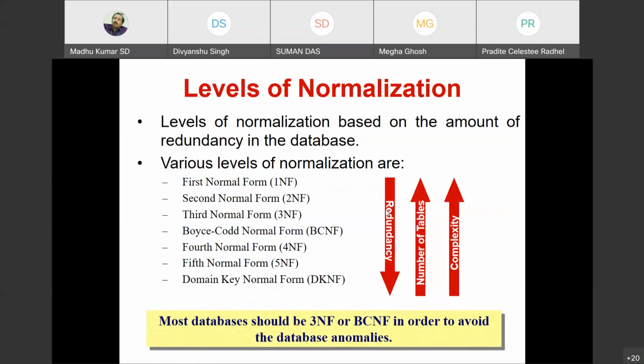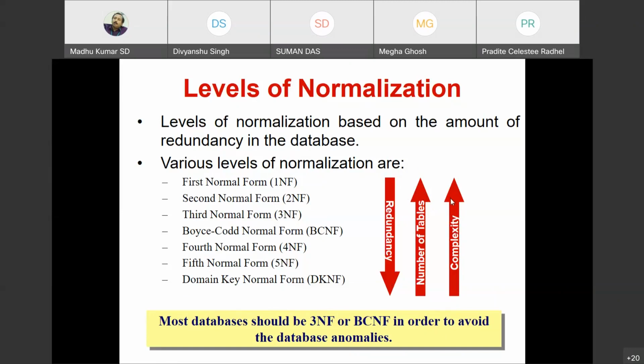As indicated in this diagram, as you go higher in the normal form, you may be going higher in the number of tables in a given design, and the redundancy level will come down, and of course the complexity will go high.